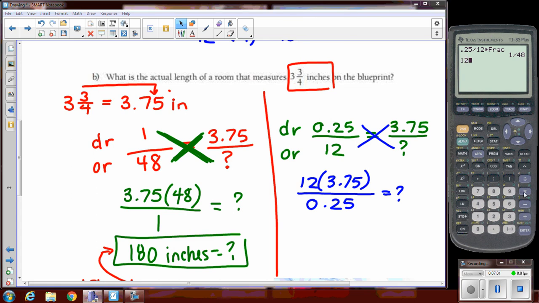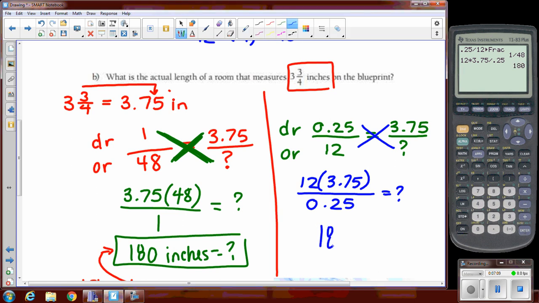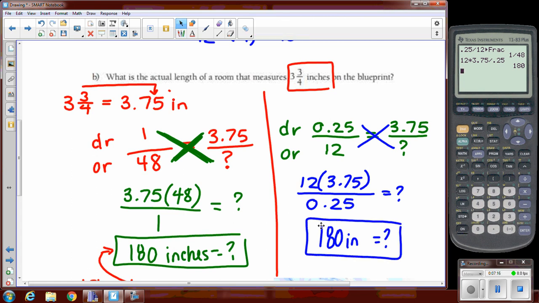I'm going to say 12 multiplied by 3.75 divided by 0.25. I still get 180 inches. So even though we might not have been able to get that first part in the question to be 1 to 48, if you're stumped there, we can still get the second part of the question by using just the drawing to original with the numbers they gave us. So just know there are 2 options here to find that final answer.